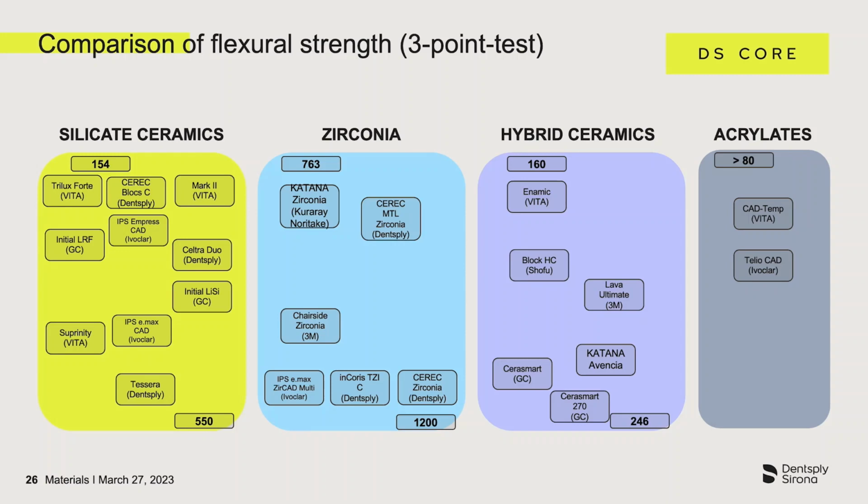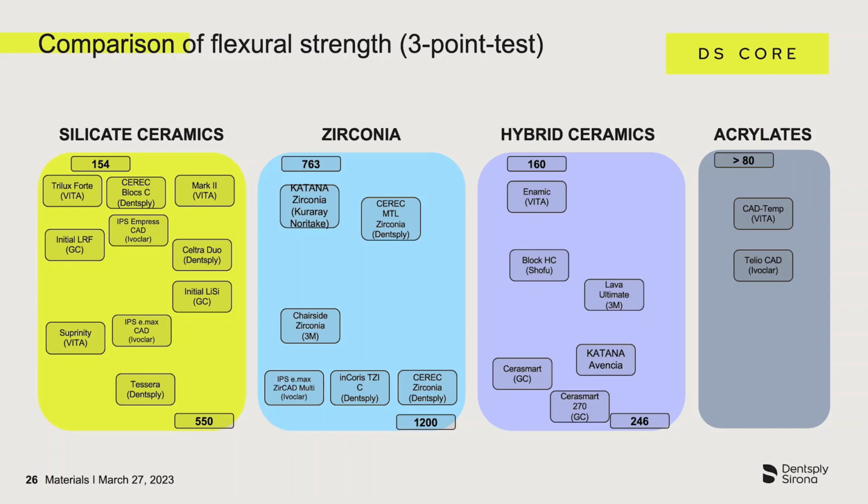Katana Avencia LT from Kuraray Noritake has a flexural strength of 233 megapascals. GC's Cerasmart material has a flexural strength of 230 megapascals, and the more advanced Cerasmart 270 material shows a flexural strength of 245 megapascals.